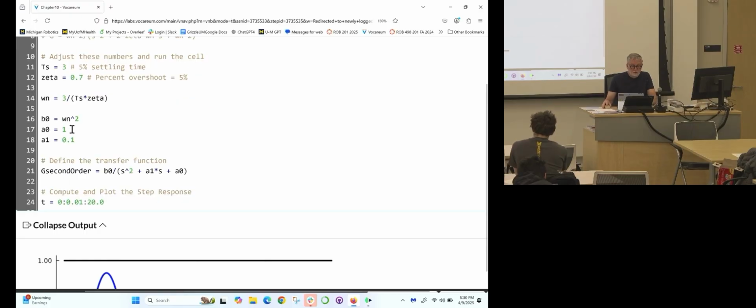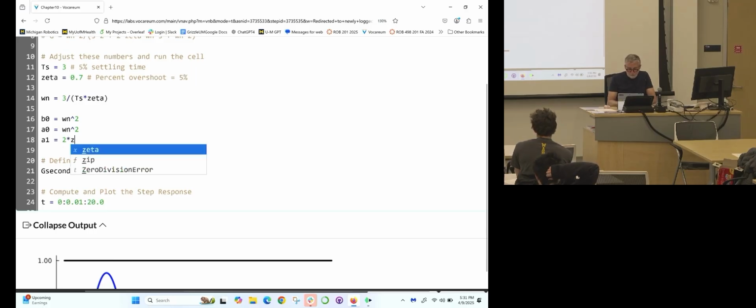How does 3TS correlate to 5% settling time again? TS doesn't, it's the damping ratio that does. Yeah, TS is the settling time, so how long it takes. And then this one is also omega n squared, and then this is 2 times zeta times omega n.